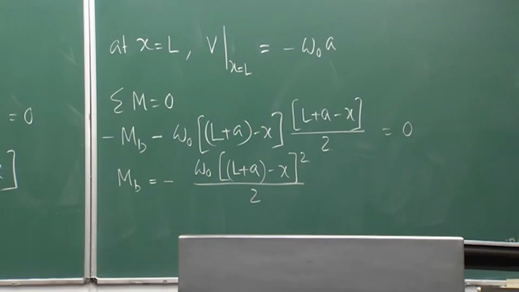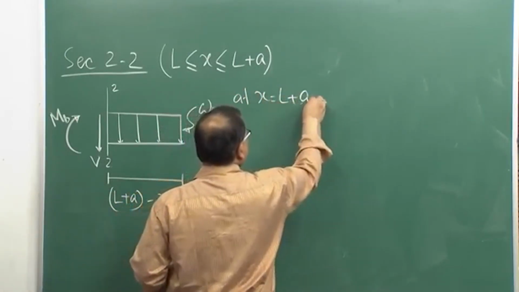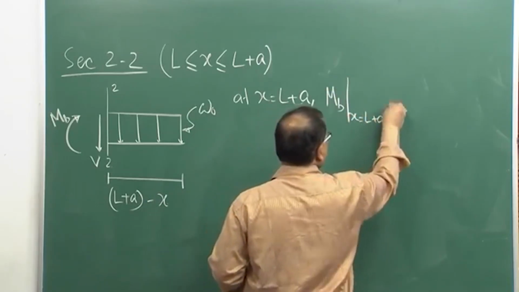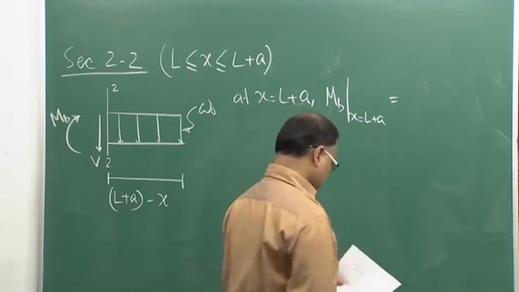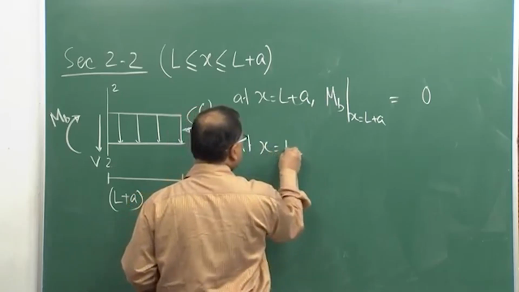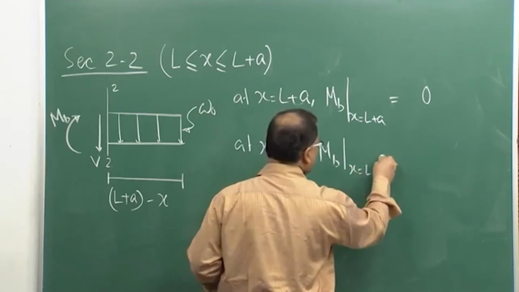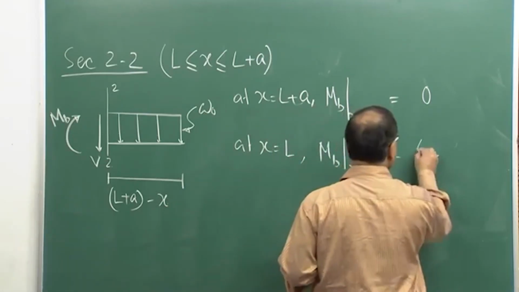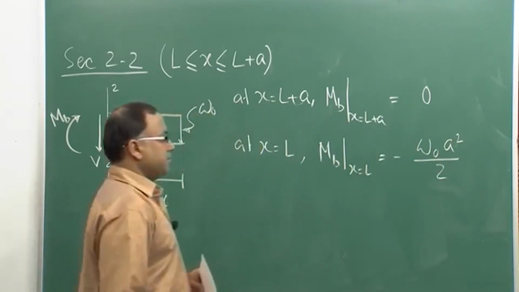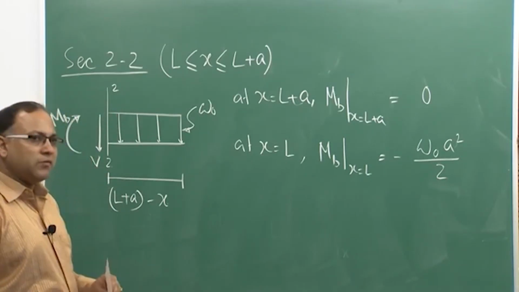So, at x equal to L plus A, your MB is equal to how much? Simply 0. And at x equal to L, your MB is minus W naught A square by 2. Fine. So, these are the information we have got from section 2-2.